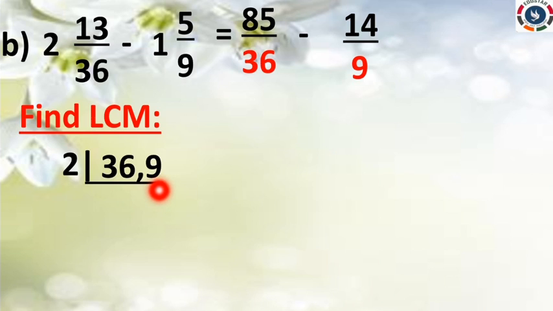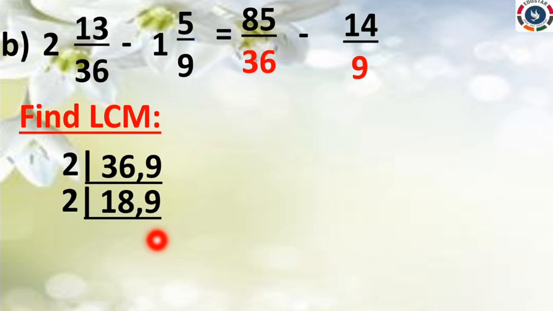In 9, we can't divide the value by 2. So write 9 as it is. So 18, 9. And again we are having one even number and one odd number. So I am going to divide the value by 2. So write 2 outside. Then how many times are 2s there in 18? 9 times. So write 9, and 9, we can't divide the value by 2.